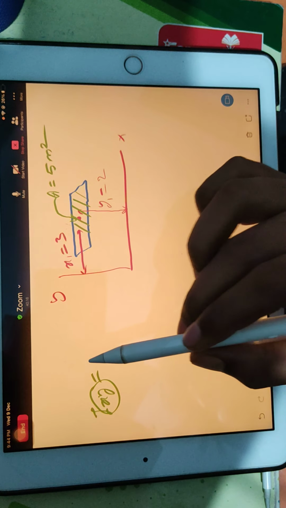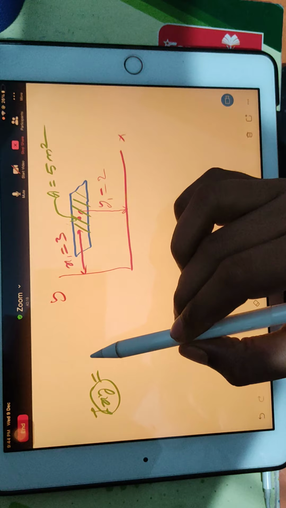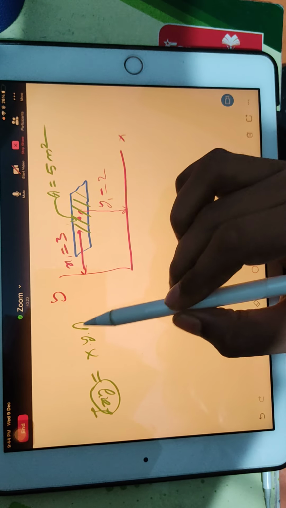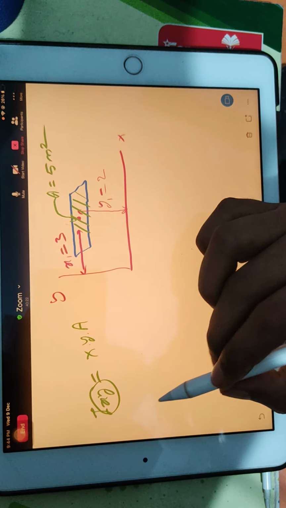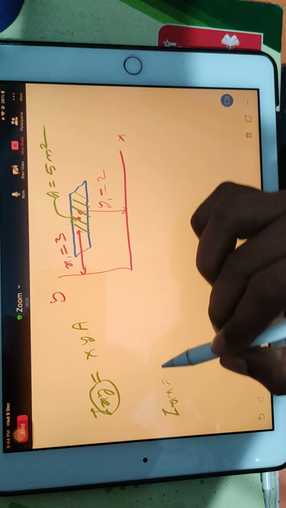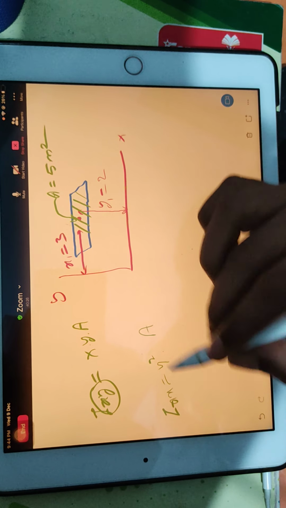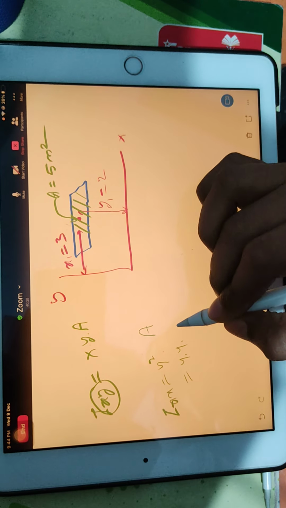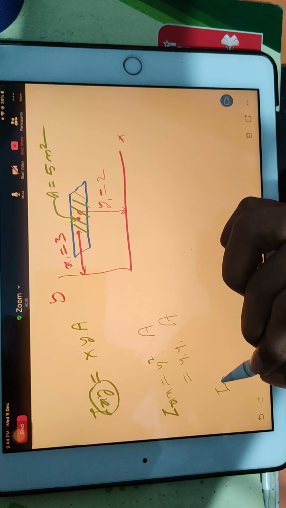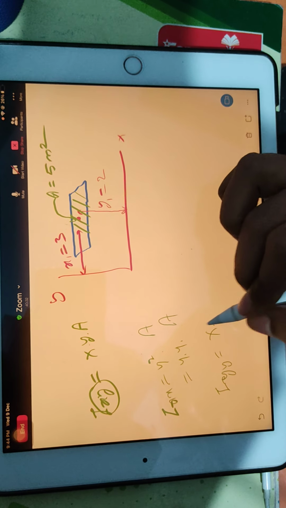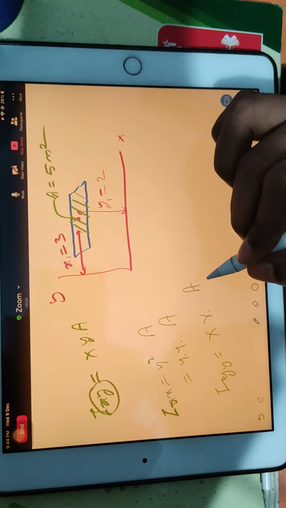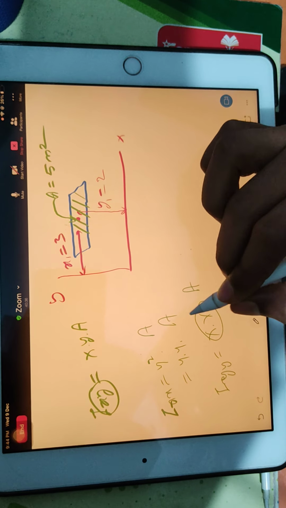So if you want to calculate IXY, then very, very simple, x into y into area. See, in case of IXX, we had y square into A, that is nothing but y into y into A. When we were solving IYY, that time we had x into x into A, that is nothing but x square.